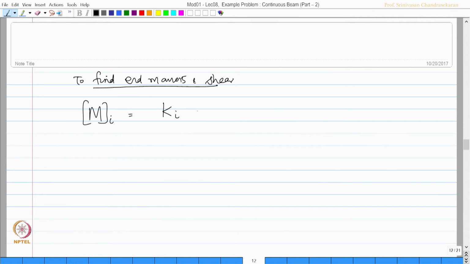Now, our next job is to find the end moments and shear due to the loads. That is the last step. The general equation is, for finding end moment of ith beam, we have to say K I and displacement I plus fixed end moment of I. So, let us expand this for AB.